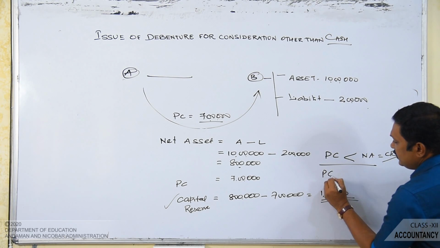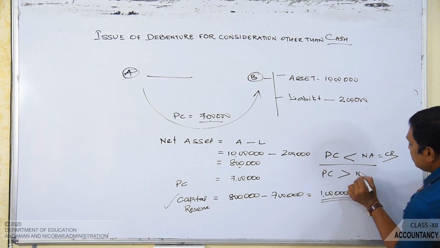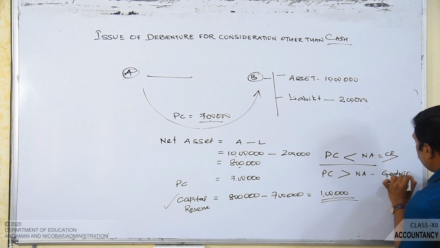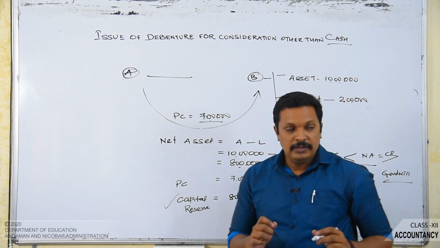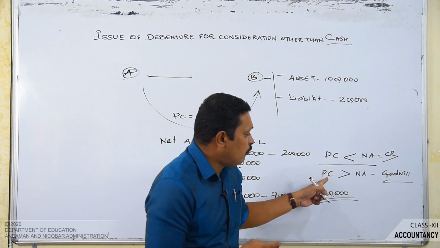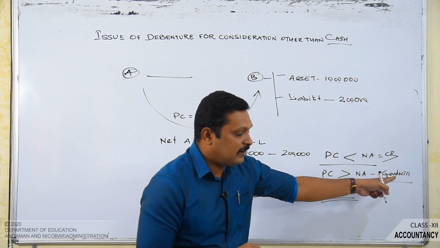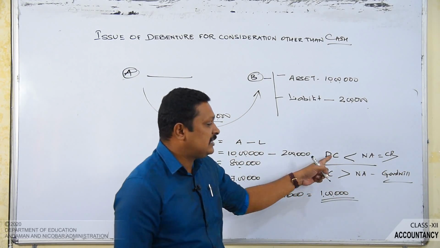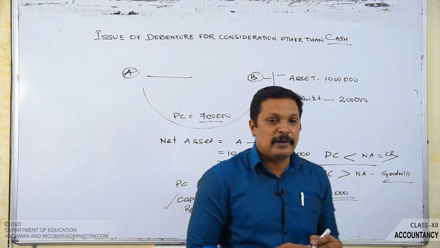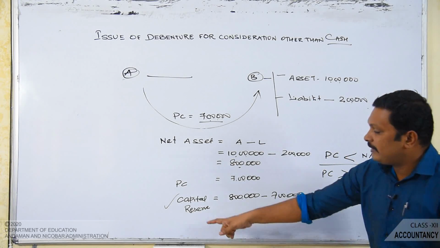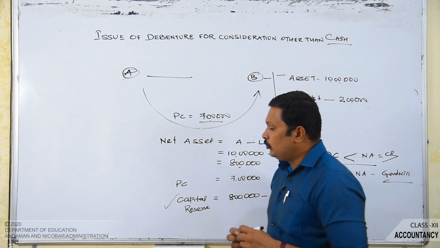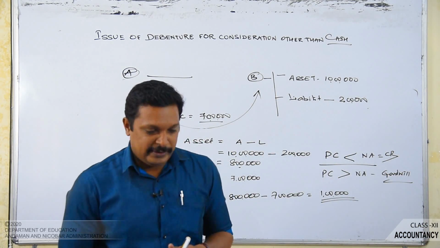Otherwise, if PC is more than the net asset, then that amount will be transferred to goodwill account. When you are paying more than the net asset, the extra amount will be transferred to goodwill account, and when we are paying less than the net asset, that is a capital profit, that will be transferred to capital reserve. Right?